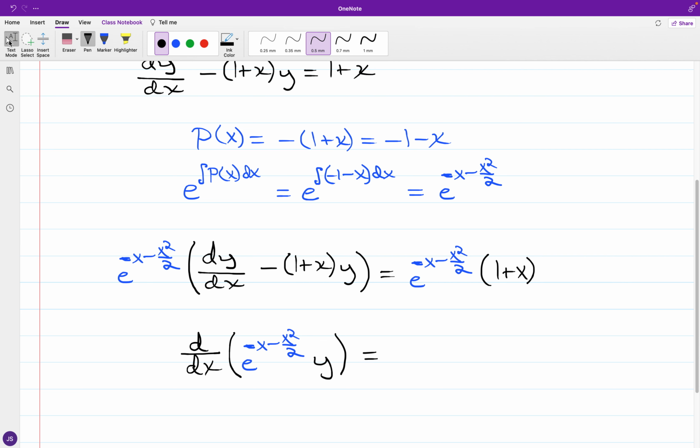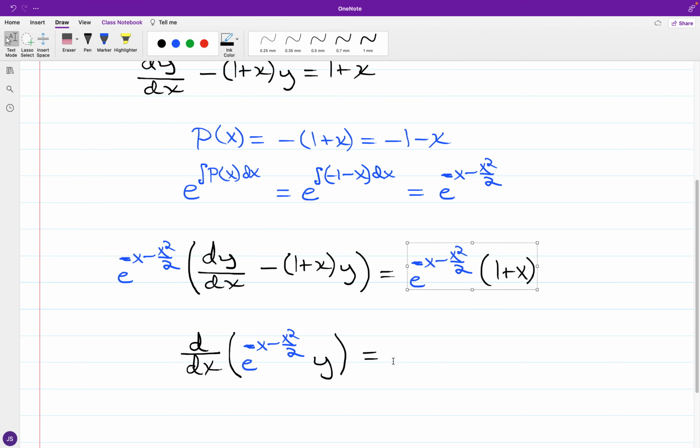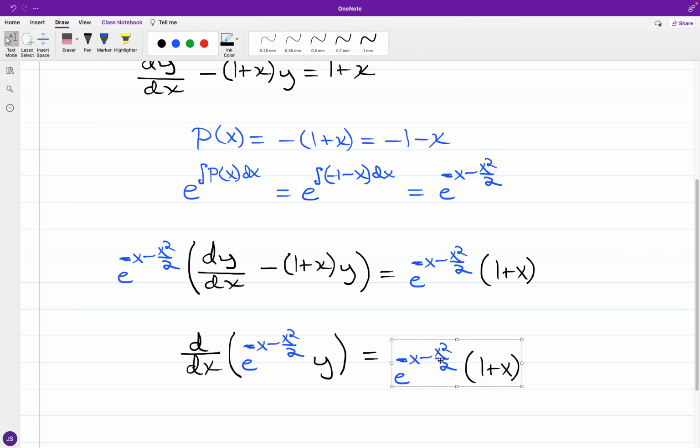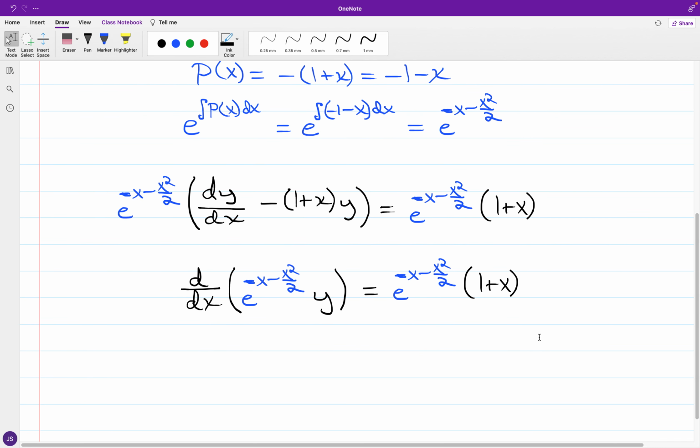And that is equal to what we have on the right, e to the negative x minus 1/2 of x squared times the quantity of 1 plus x. And we integrate over both sides.